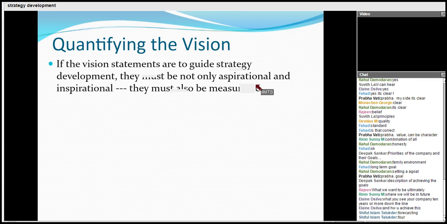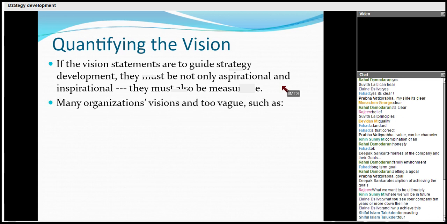We want to be this, we want to go to this place. That's one thing you have to note, and I'd like you to put it down maybe in a different color. Next, many organizations' visions are too vague.